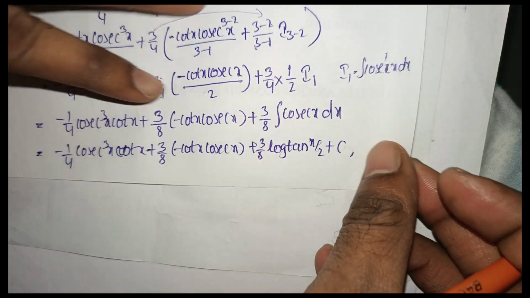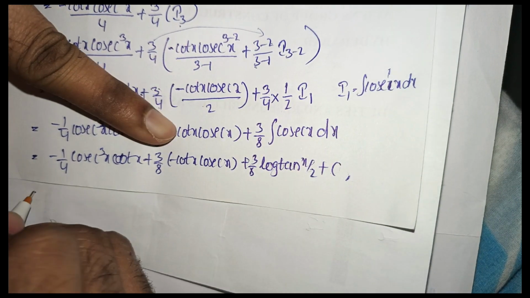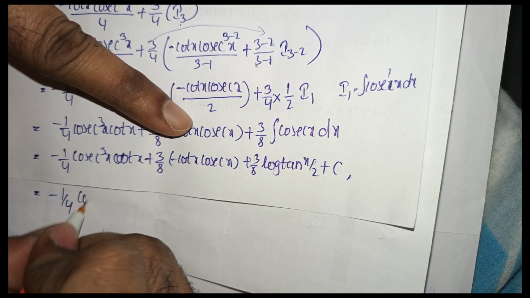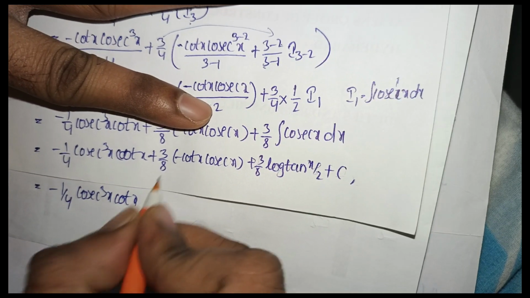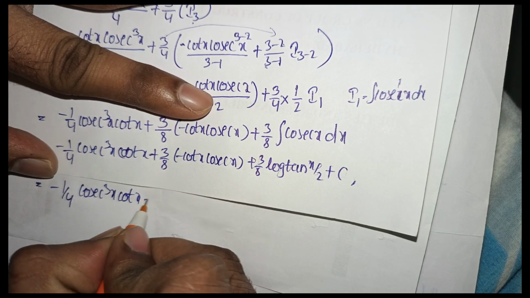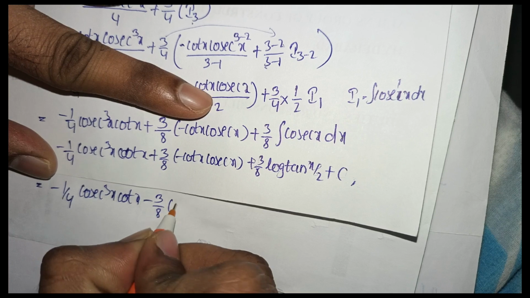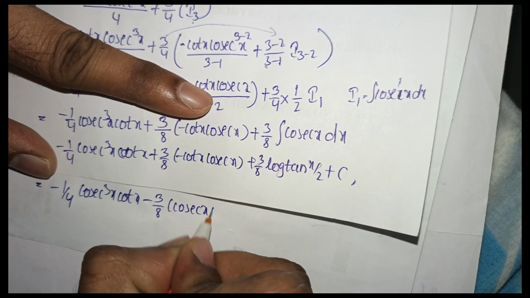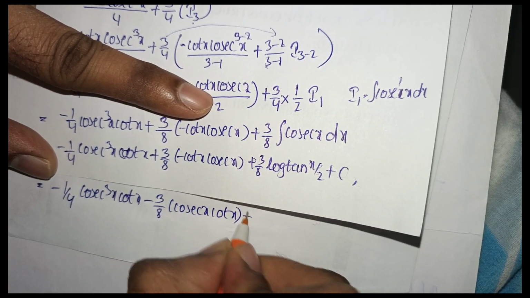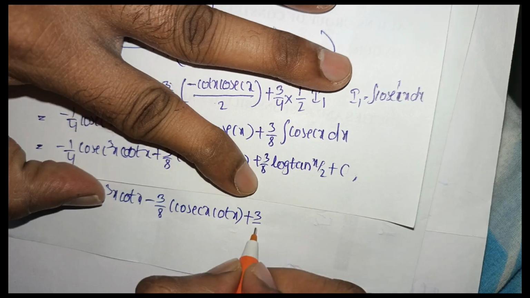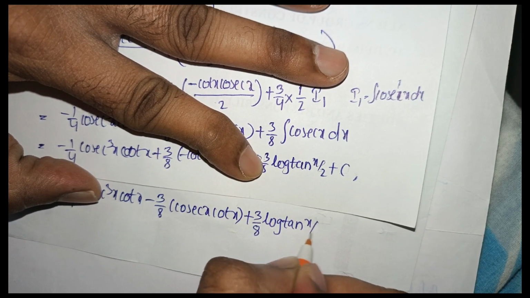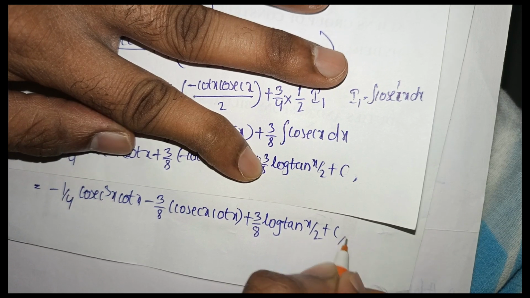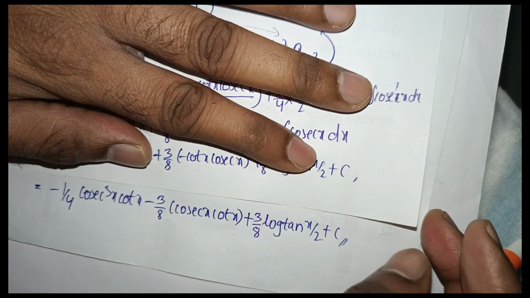So you can write it as equal to minus 1 by 4 cosecant cube x cot x, this minus multiplied with this plus, minus 3 by 8 cosecant x cot x plus 3 by 8 log of tan x by 2 plus c. So this would be the final answer.